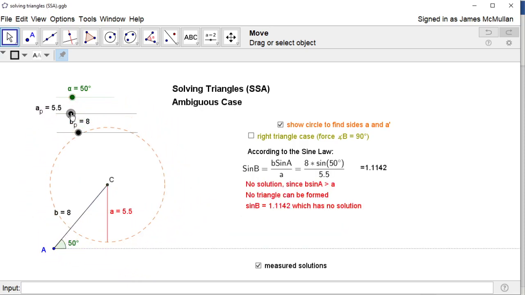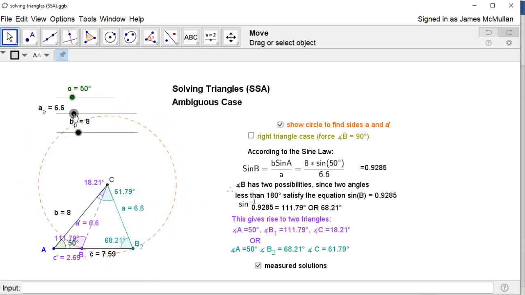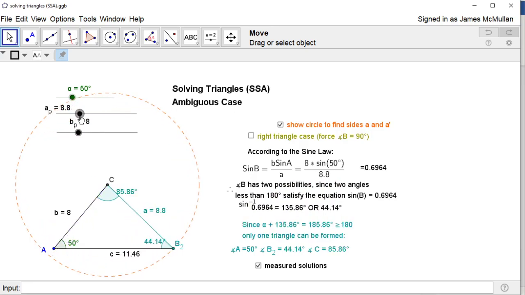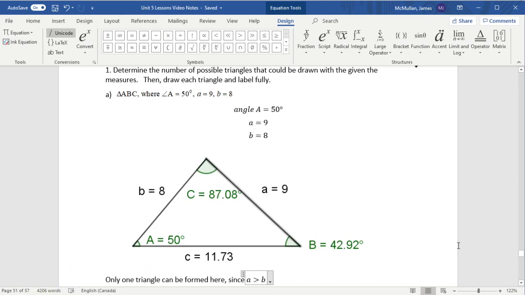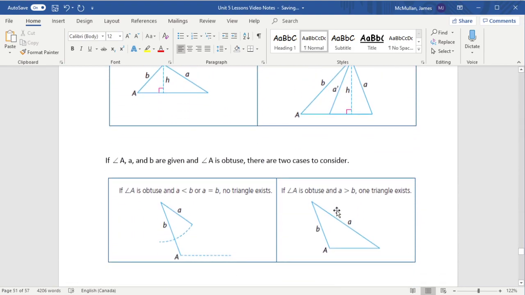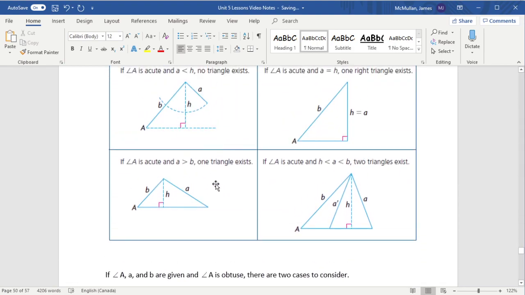A is bigger than B sine A, but it's also just bigger than B. And when A gets bigger than B, there's only the one triangle, since A is greater than B. In your box here, this would be this box here.